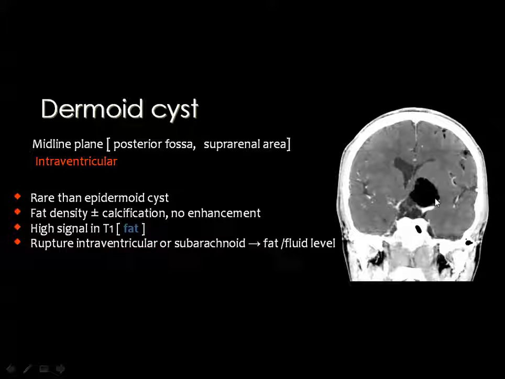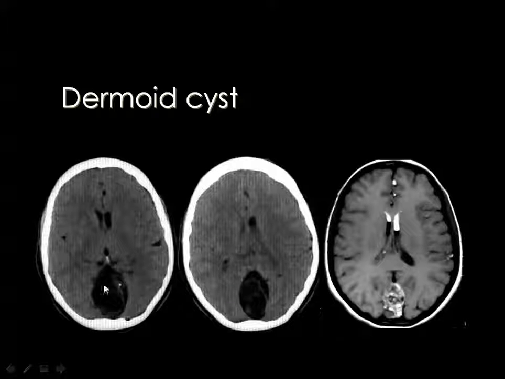And you remember that whenever you are diagnosing a dermoid cyst, you should look in the subarachnoid CSF spaces, because these lesions frequently leak fat within the subarachnoid space and also inside the ventricles. Then if you remember this case I have presented in the lecture of intracranial cysts, you see dermoid cyst in the superior cerebellar cistern showing fat signal, soft tissue densities, as well as foci of matrix calcification.